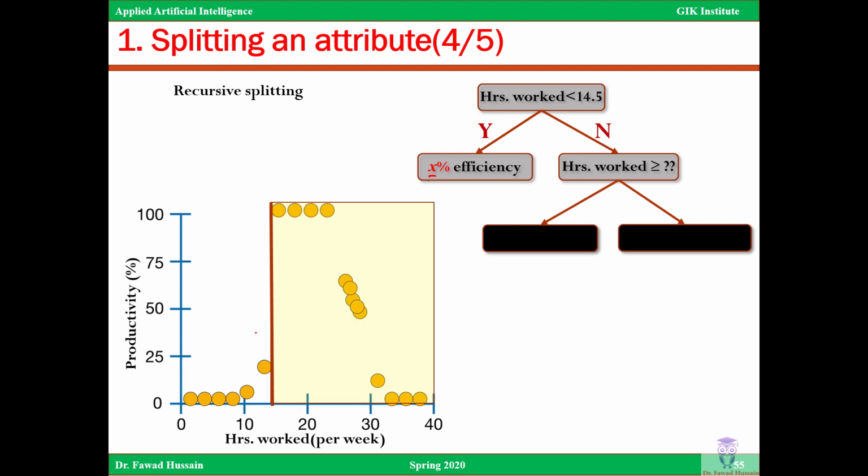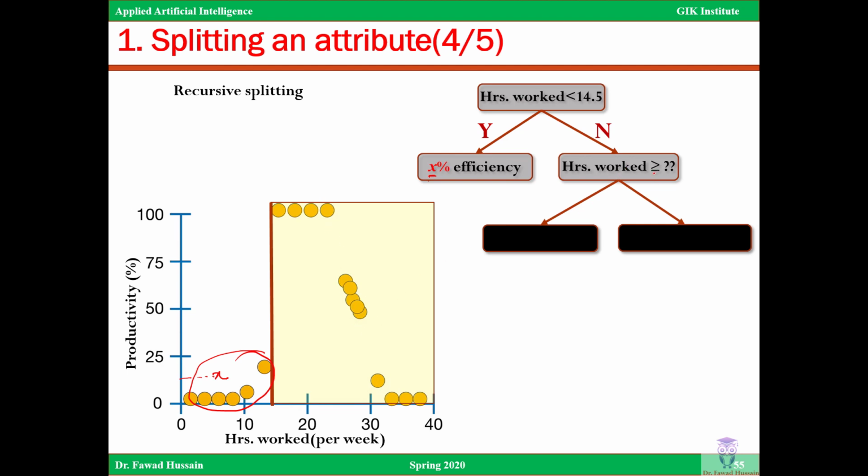Whereas in this part, this portion here is going to be represented by x. But this one needs to be further split because the difference between these values is quite high.